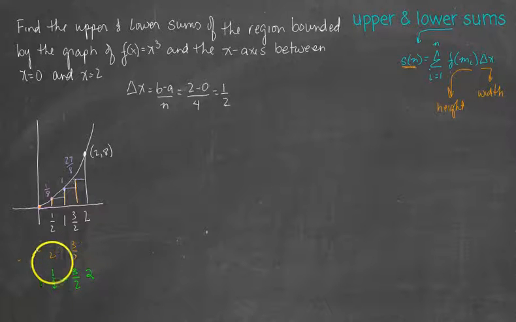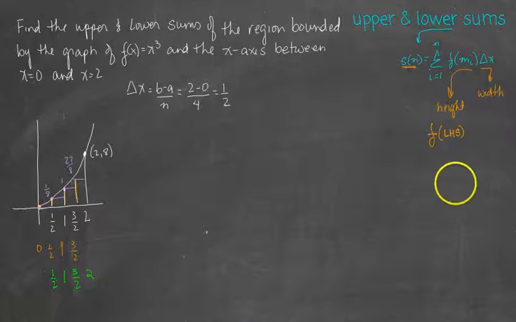So the input values for the lower and upper sums shift from one side of the partition to the other. The height at this stage is really the function of the left-hand input.